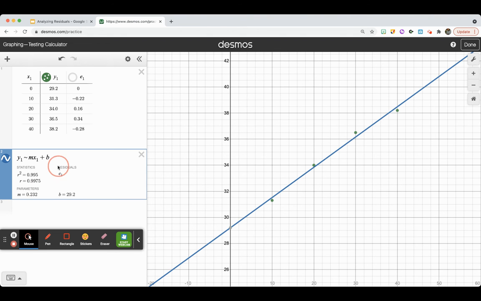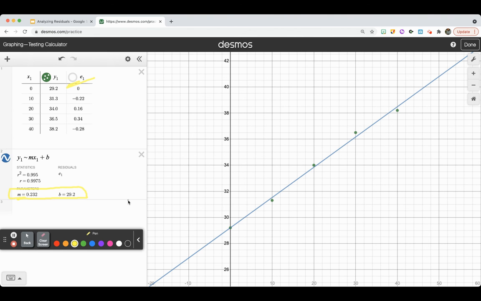And right here, it's called the residuals. Here are my residuals, and this is very, very important: this data, the residuals, is based on this particular equation, using this slope and this y-intercept.